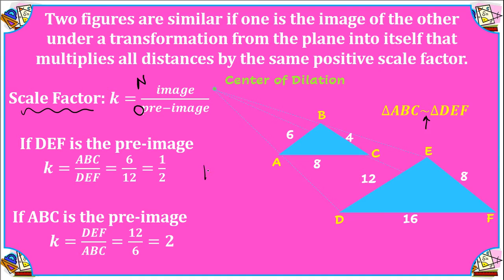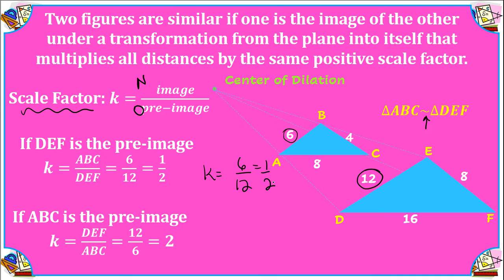To find the scale factor k, we're going to take a look at corresponding sides, such as DE and AB, and we're going to compare the new value, we'll say 6, to its original value of 12 and simplify to 1/2. And we can see that our new image is smaller, and 1/2 indicates that we have shrunk our image.